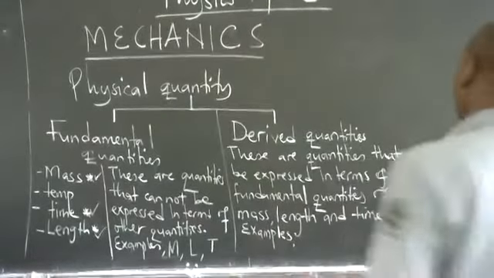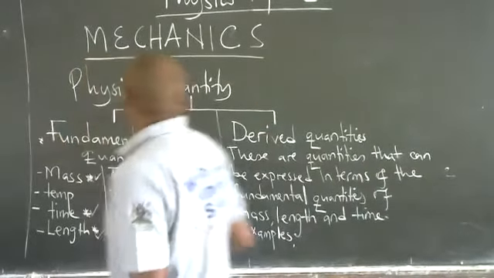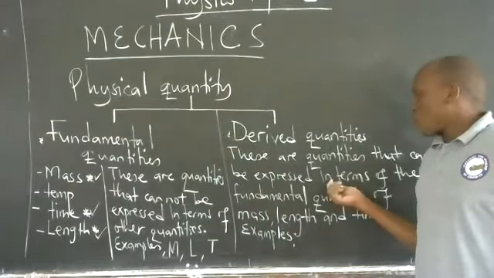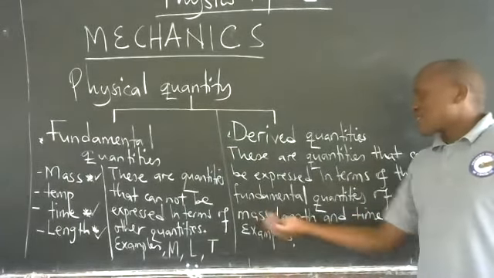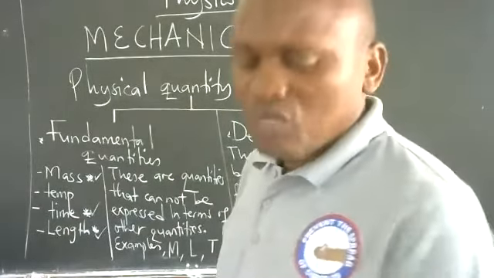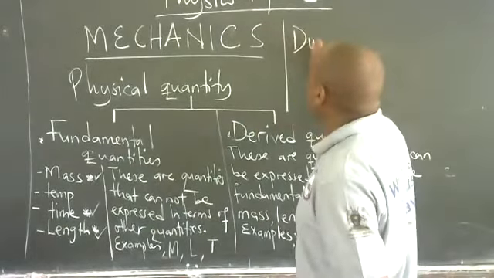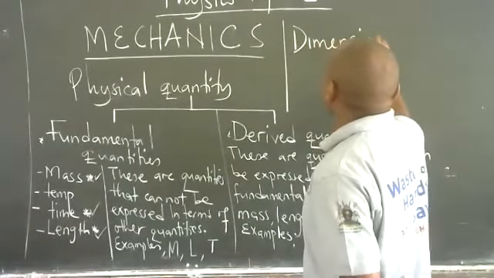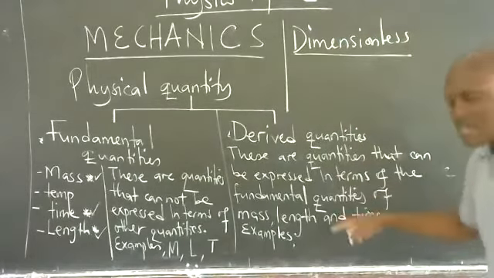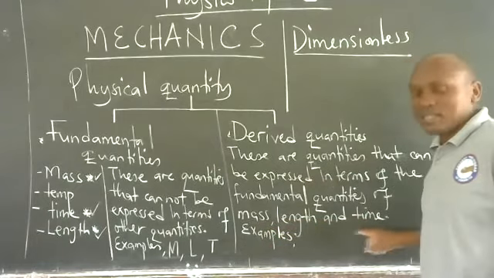We have fundamental quantities, we have derived quantities, and derived quantities are those related to mass, length, and time. But we have other quantities that are not related to these ones. Those quantities are said to be dimensionless.